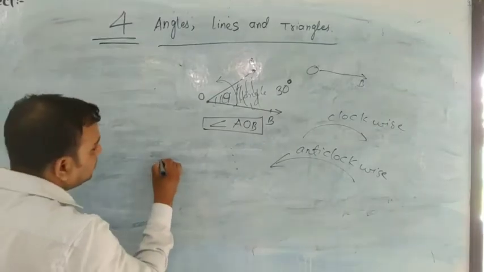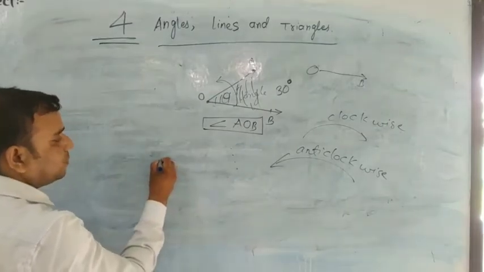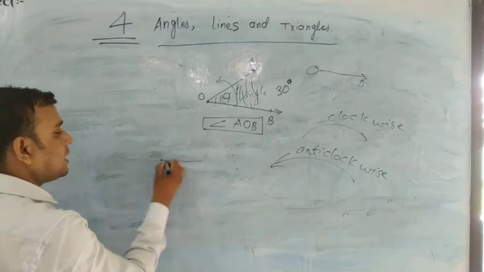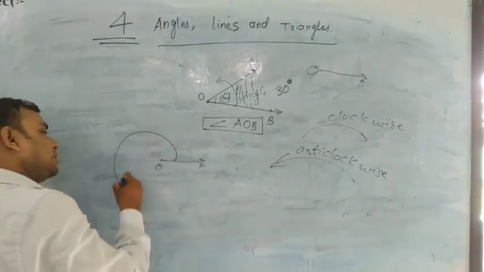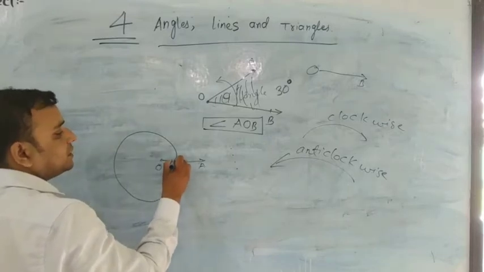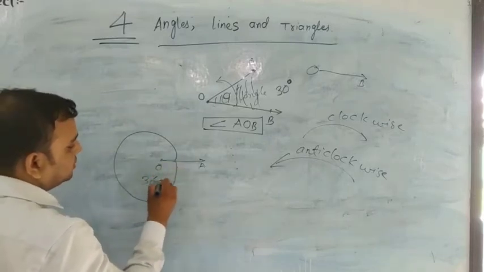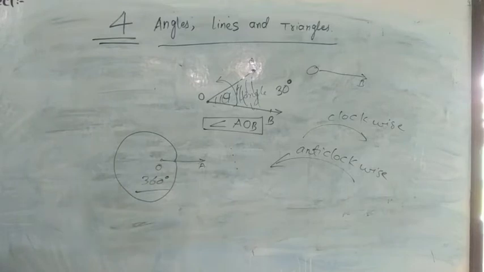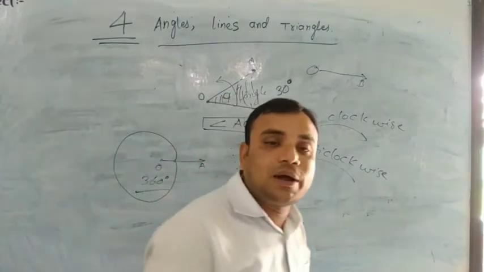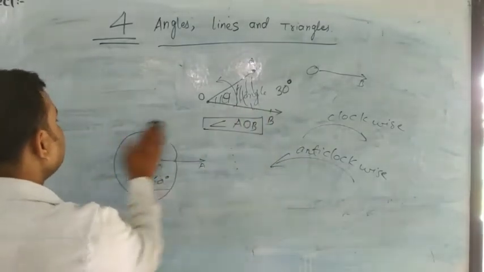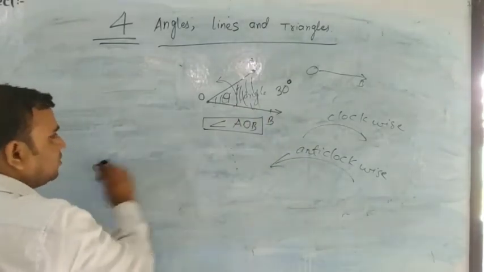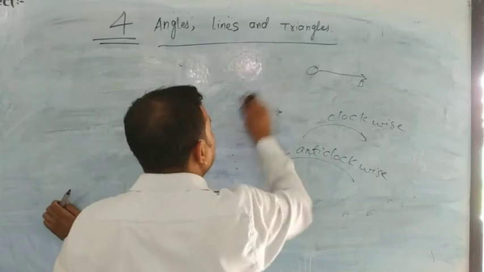Dear student, if this is point O and this is ray OA, and you rotate anti-clockwise and reach back here, this is called 360 degrees.